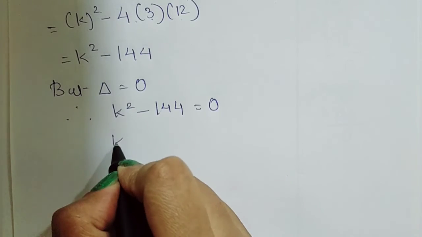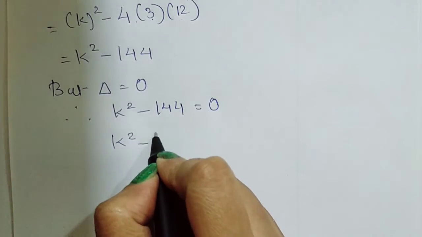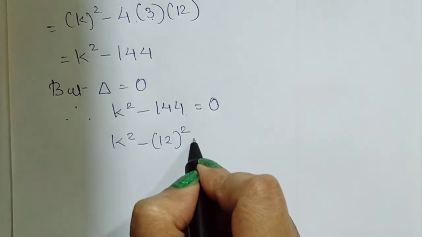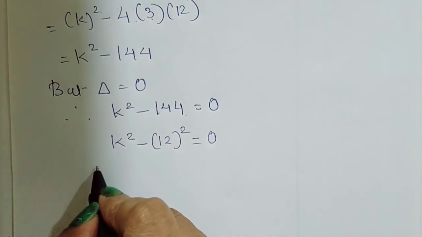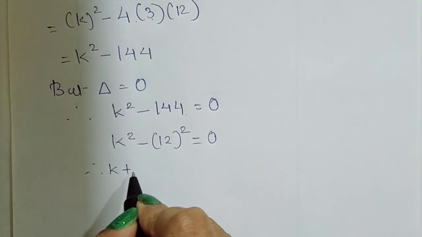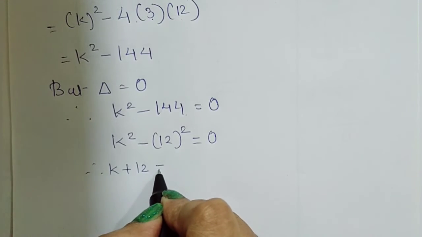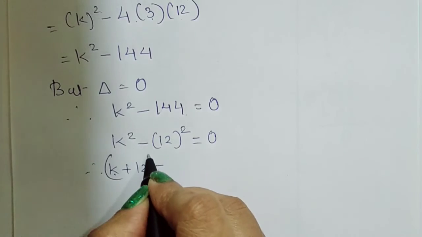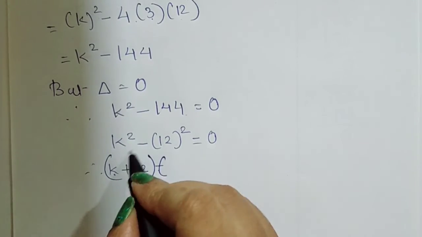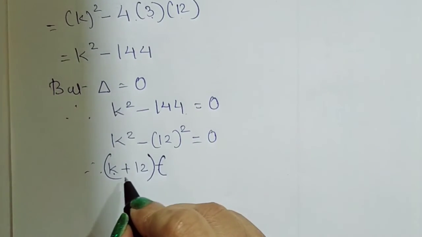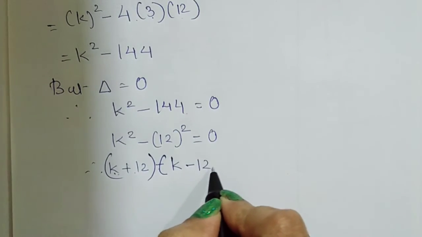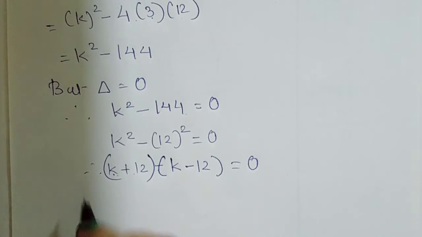So we'll go further. K square minus 12 square, which is nothing but 144, equal to 0. Now here we can write in this form, just like a square minus b square, k plus 12 and k minus 12 equal to 0.